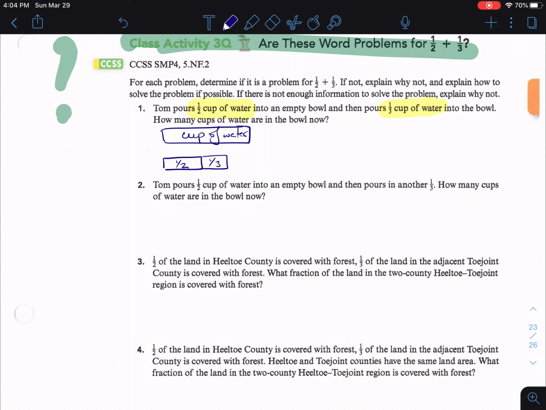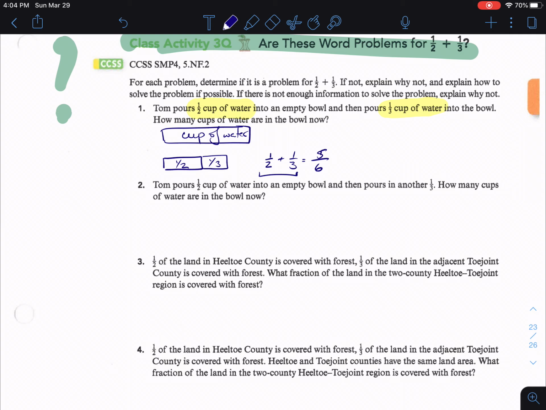Does it make sense to say a half plus a third here? We know from our exploration before that that was 5/6. But does it make sense to add a half and a third here? How many cups of water are in the bowl now?